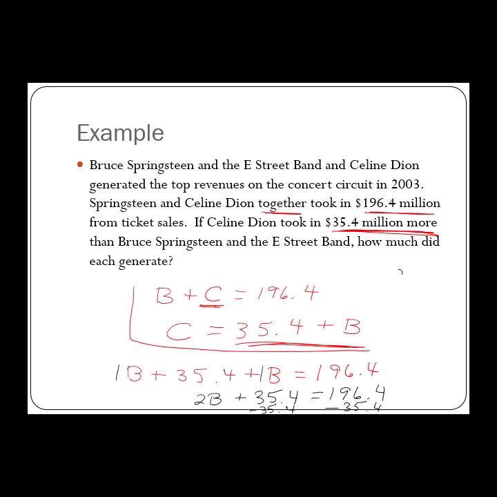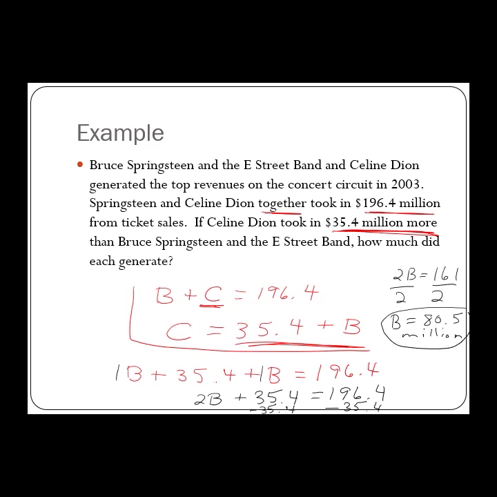And I'm going to get twice Bruce Springsteen equals 161. And divide by 2. And I get Bruce equals 80.5 million.